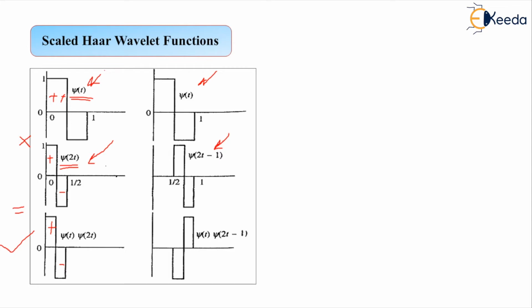In the multiplication, a minus multiplied by a plus is a minus, and a negative multiplied by a negative results in a positive part. Positive and negative parts integrated over the complete time range give a net result equal to 0. So this satisfies the condition of orthogonality.